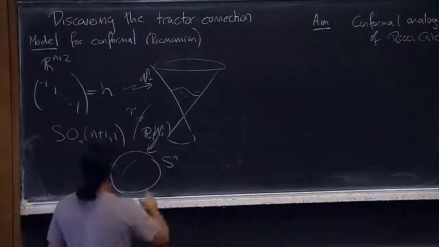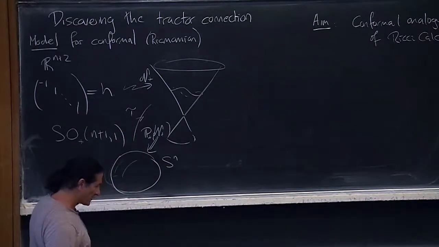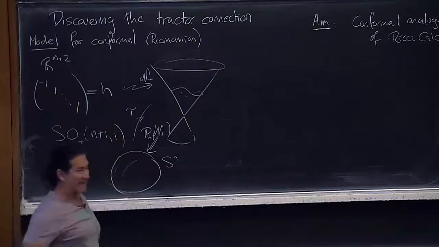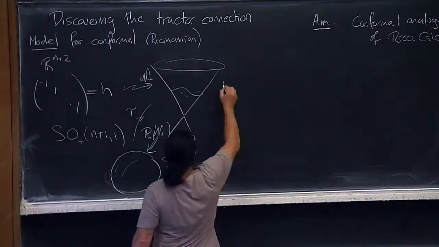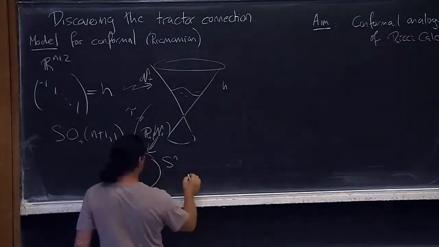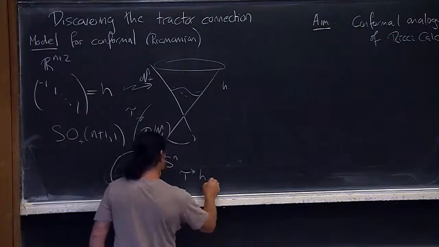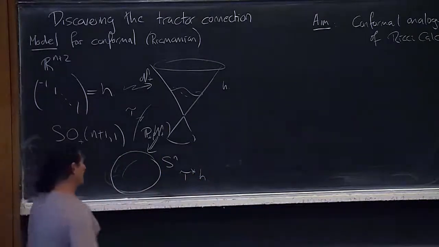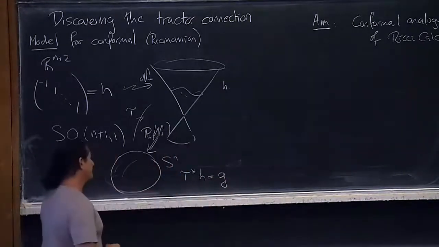So we think of this, of course, as just a bilinear form on R^(n+2), but I also want to think of it as a metric on R^(n+2) as an affine space. So we have this metric up here, and I can pull back the metric by this section. So I can have tau star of that metric up there, and that determines a metric on the sphere.